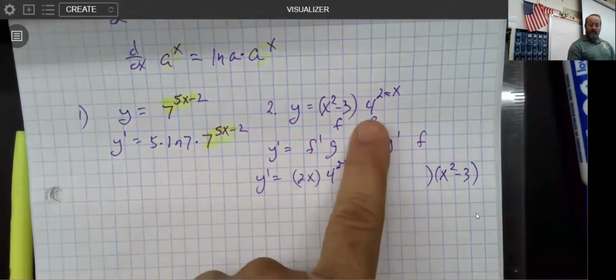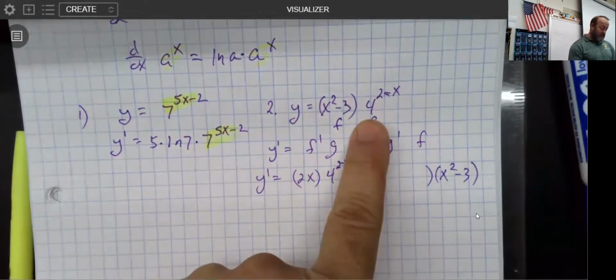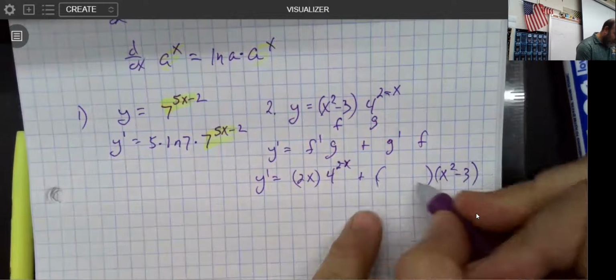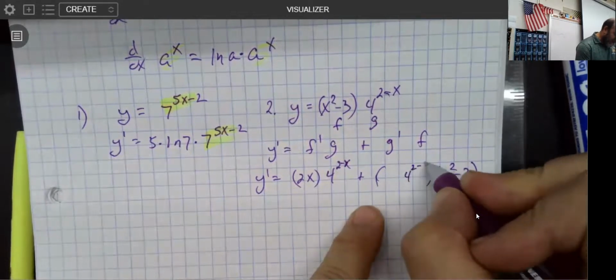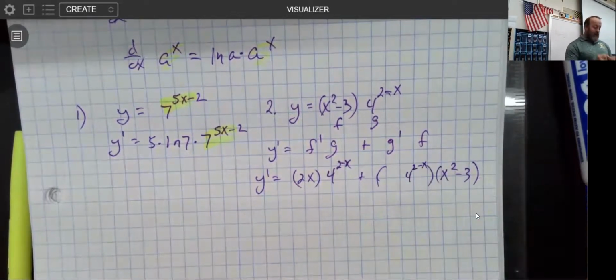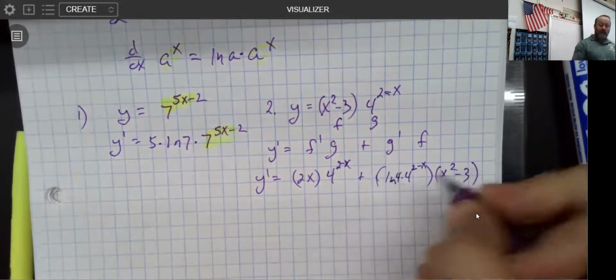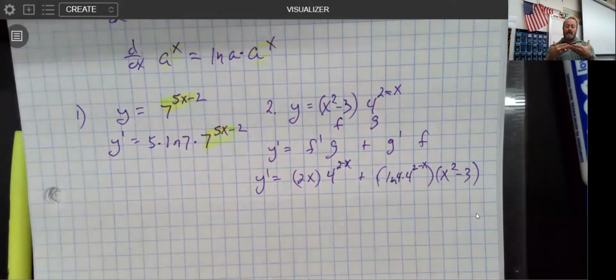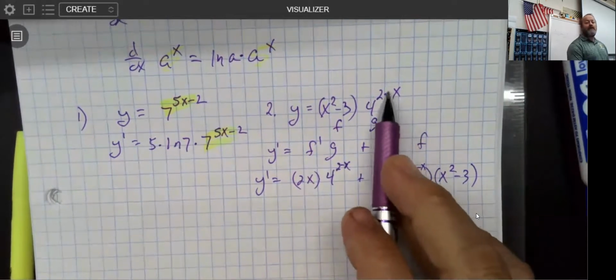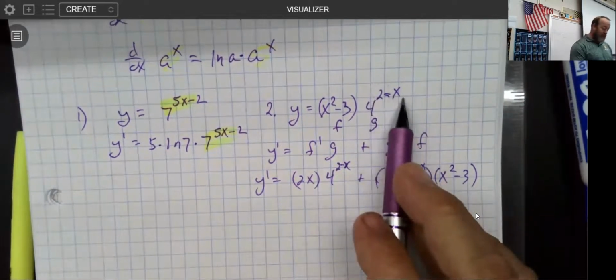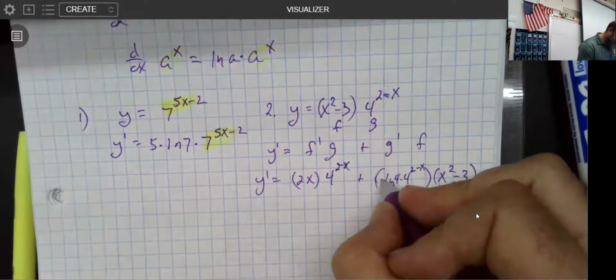If I take the derivative of 4 raised to the 2 minus x, I'm going to get that original exponential back as it's stated. I need to multiply by the natural log of 4 because I have my little penalty for not using the proper base. And then one last piece, I need to take the derivative of the exponent itself, and the derivative of 2 minus x is negative 1.